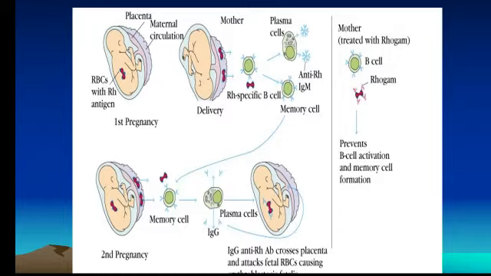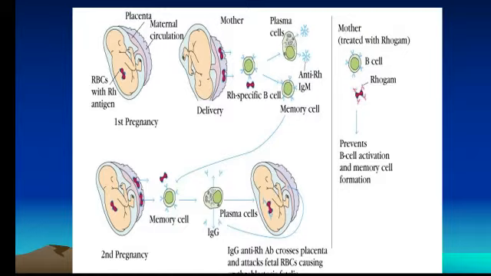But when it comes to the Rh difference between the mother and the child, there will be a problem. Giving birth, as we can see here, with the placenta and maternal circulation, the RBCs of the child with Rh antigen.